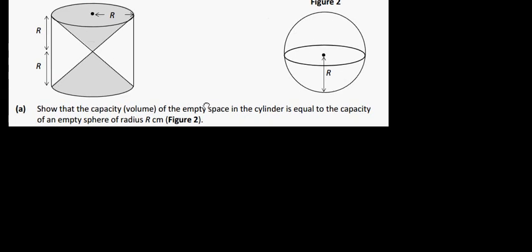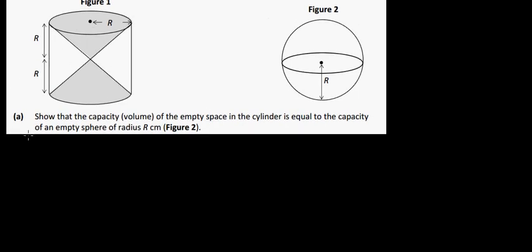So let's start then. So we're going to find the volume of the cylinder first. So the volume of a cylinder is just pi r squared h. So in this case, pi, we're going to leave pi as pi, and the radius of our entire cylinder here is r, large r, which we're going to square, and the height of our cylinder here is 2r.